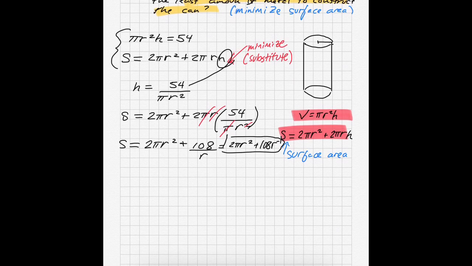So if my goal is to minimize that, then I have to find the derivative, right? So s prime of r, what is that? 4 pi r minus 108 over r squared. So do an LCD. That is 4 pi r cubed minus 108 over r squared.